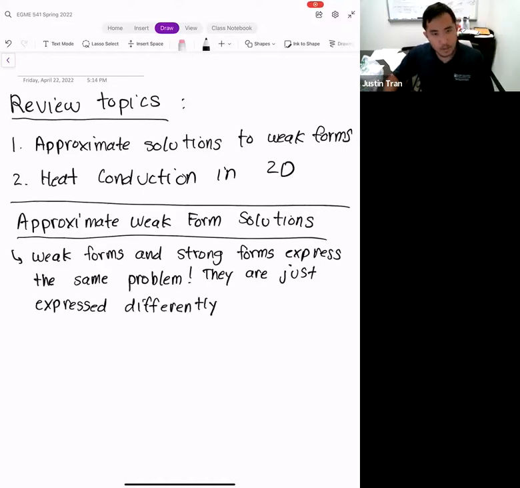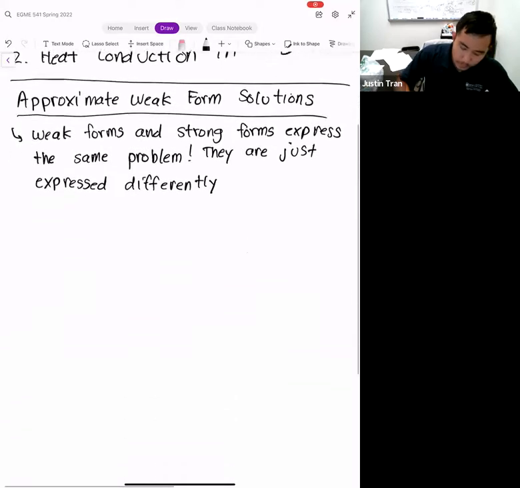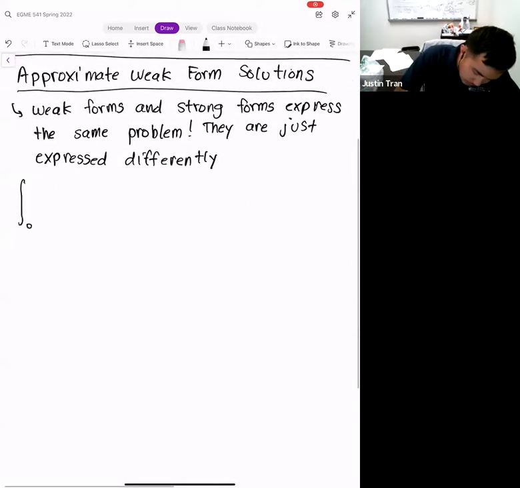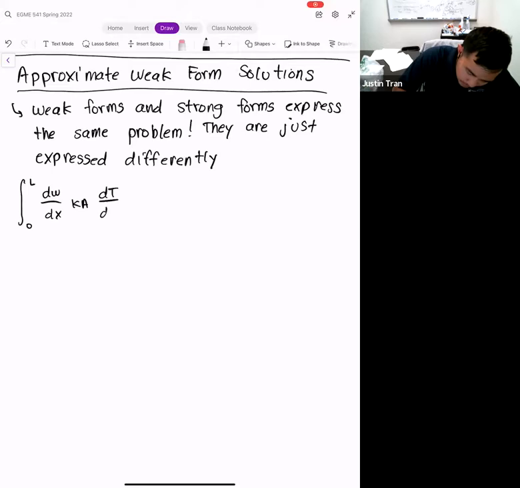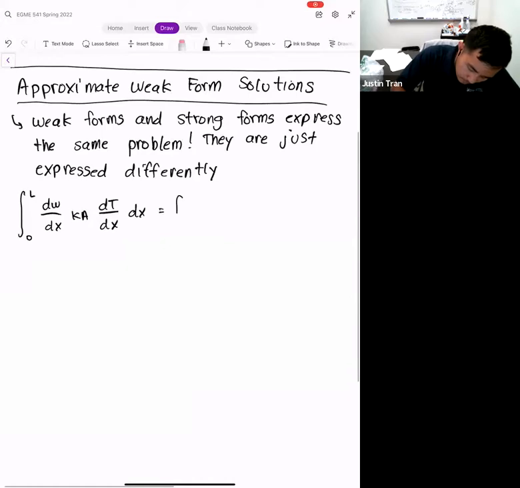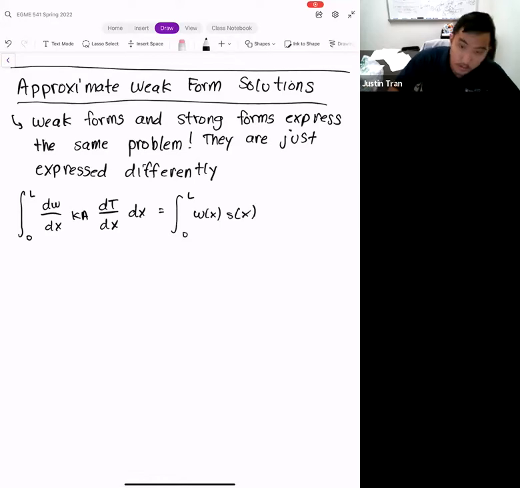Okay. All right, and so the most general form of the weak form is the following. And so we have the integral from 0 to L, L being the length of our domain, of dw/dx times k times a times dT/dx is equal to the integral from 0 to L of w(x) s(x) dx plus w times kA dT/dx.